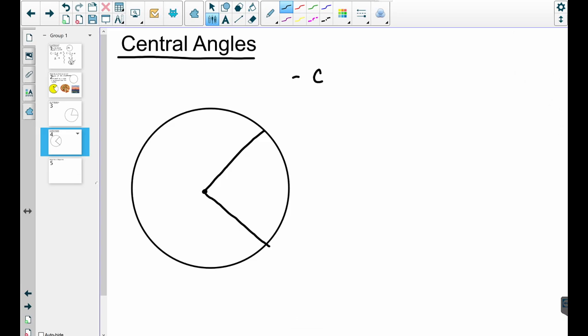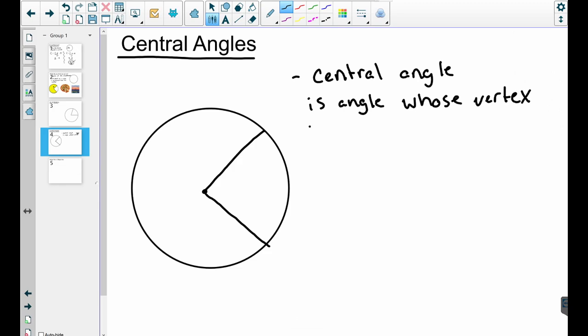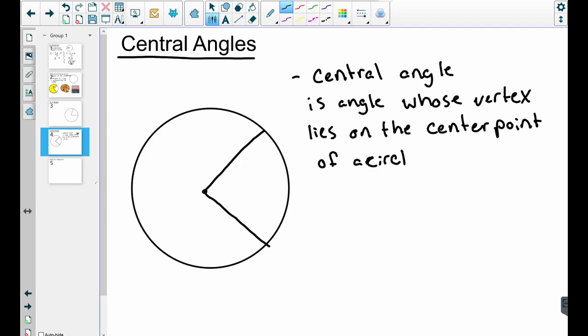So a central angle is an angle whose vertex lies on the center point of a circle, and the two other points will lie on the circle.